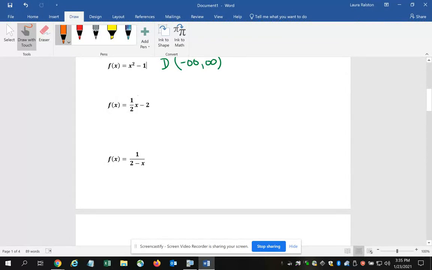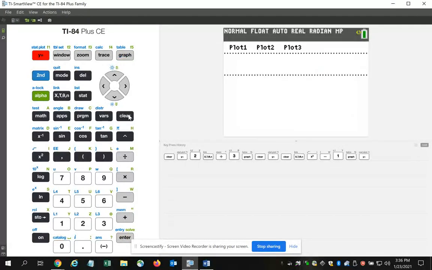So for the third example, 1/2 x minus 2, I don't have a radical and there's no variable in the denominator, so my domain is all real numbers. And you can verify that if you want to. You can plug it into your calculator.